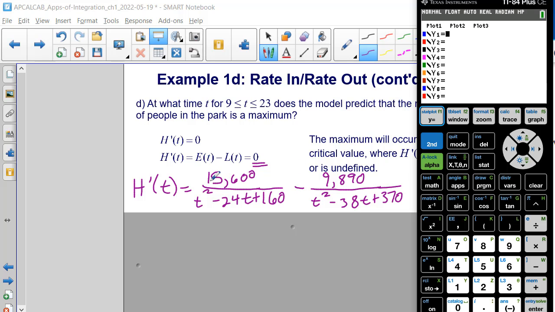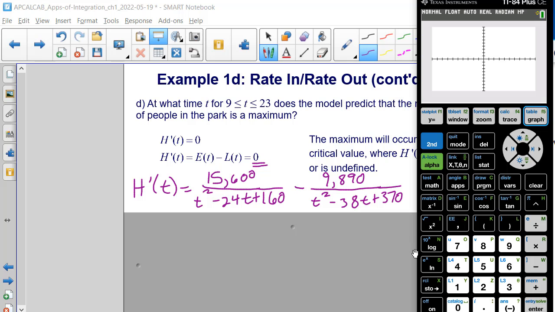So we have y equals, and we're going to type in exactly what we wrote here. 15,600 divided by, instead of t squared, I'm going to use x's, so x squared minus 24x plus 160, close parenthesis, minus 9,890 divided by x squared minus 38x plus 370, close the parenthesis for the denominator and then the parenthesis for the entire rational function.